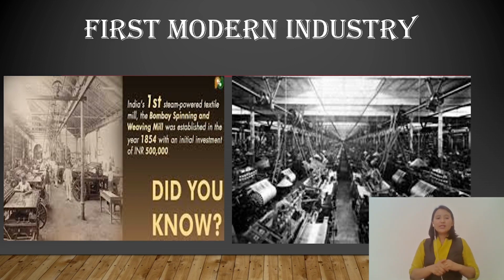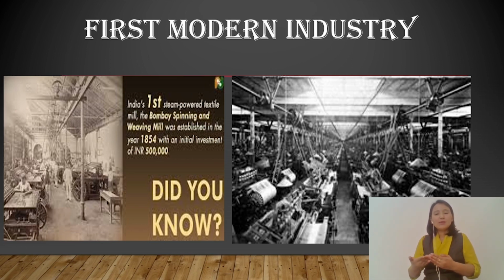But in the case of India, the first modern industry was set up in 1854 in Bombay. That industry was a cotton industry. And one year later, another modern industry was set up, and that was a jute industry.